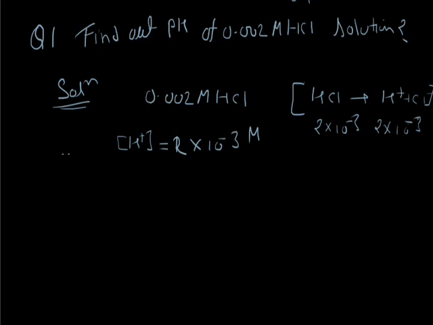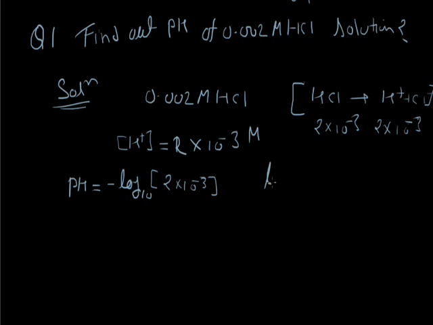Now we apply the formula. pH is equal to negative logarithm, log base 10, of 2 into 10 to the minus 3. First you see that here it is m into n. First we apply the formula of log m into n. This one is m and this one is n.